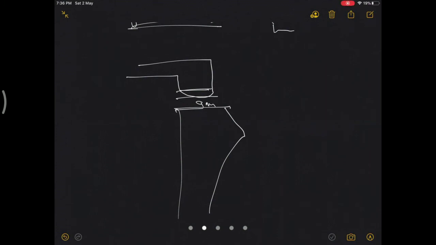And here you have a cutting block, which first sizes this anteroposterior diameter. How it is done is, first you have something which measures the total anterior and posterior dimension, and with that you have something called anterior referencing and posterior referencing. We'll talk about that in a bit.